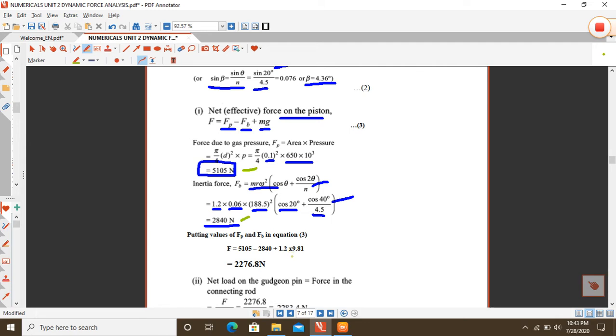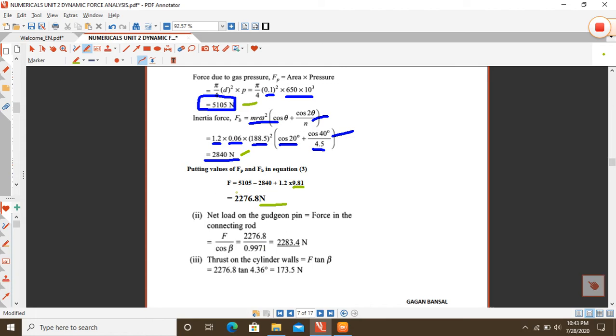We have taken the value of acceleration due to gravity g as 9.81, so it comes out to be 2276.8 Newton.